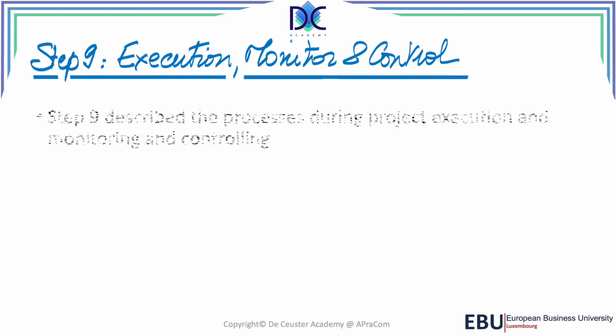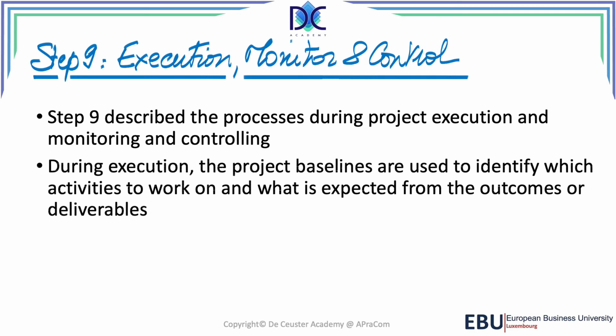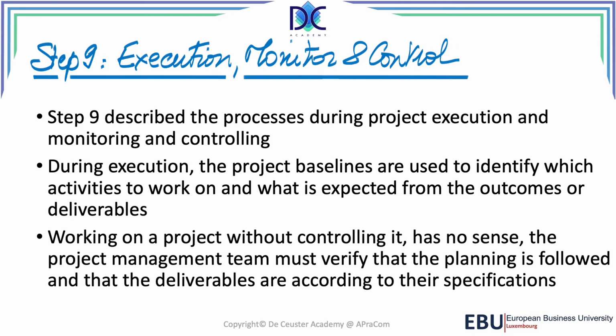Now, step 9 is about execution, monitoring, control. We look at the process during execution. We create the deliverables. We identify what we have to work on at a specific time. What are the expectations? We also look at the controlling, because doing work without controlling is not really something we should do.